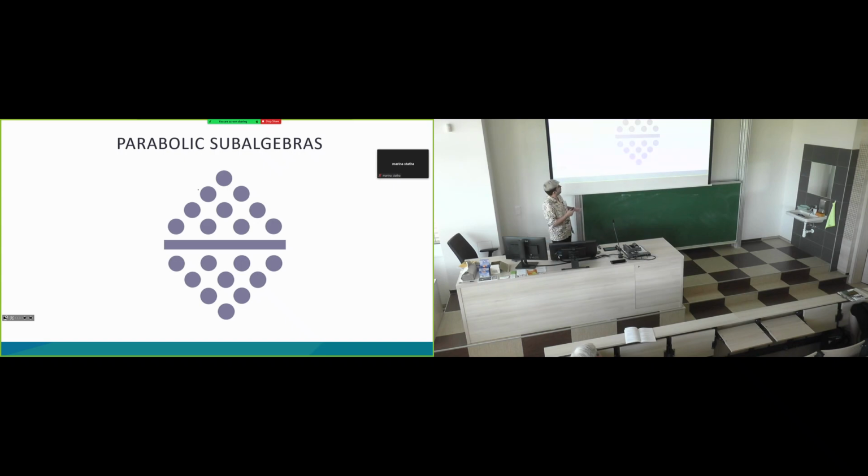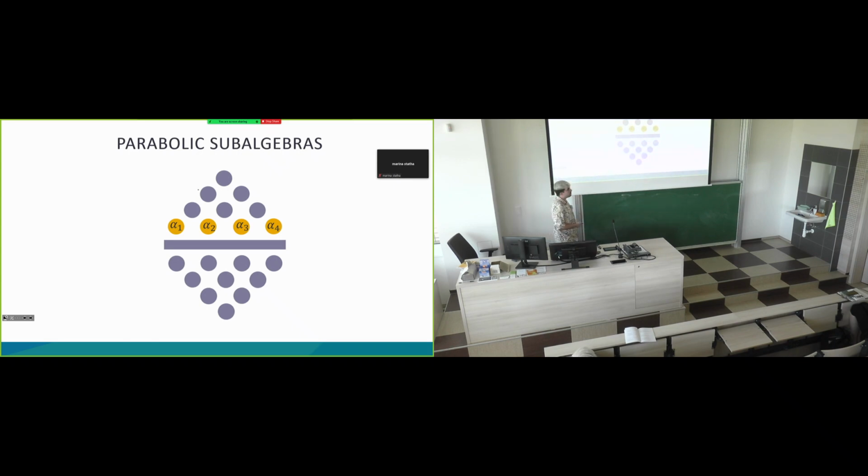Sorry, tubes around it. So for this, I will have to talk about parabolic subalgebras, and I will help myself with this drawing. Here you see a line in the middle that will represent g_0, basically. And you see two pyramids of points. The upper pyramid represents the positive roots, and the lower pyramid represents the negative roots. So on the first level, I will draw the simple roots.